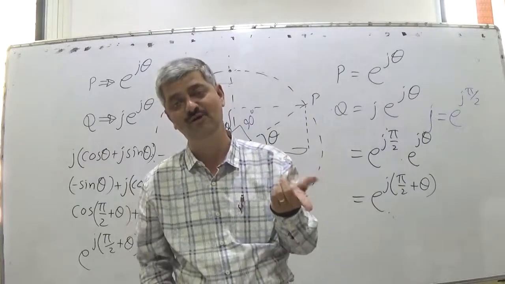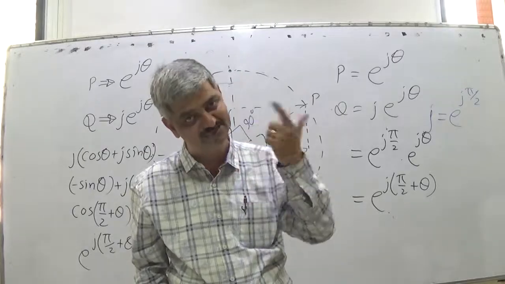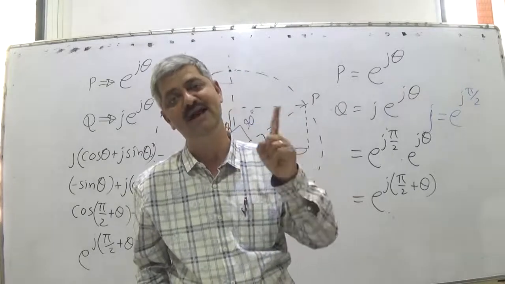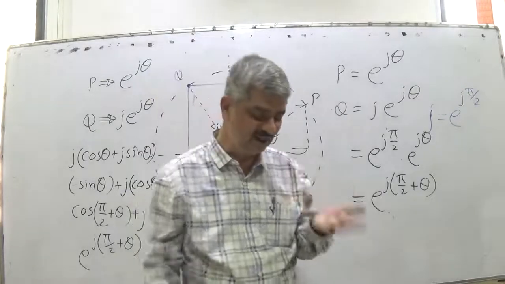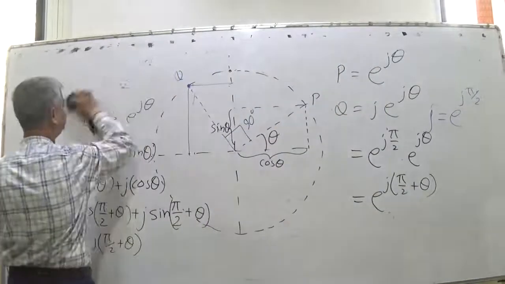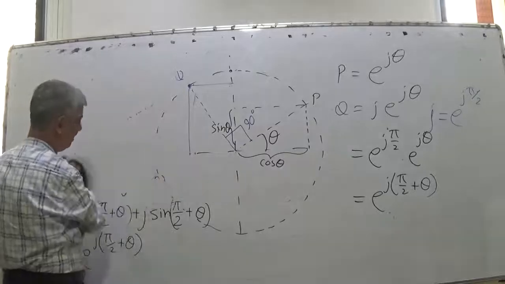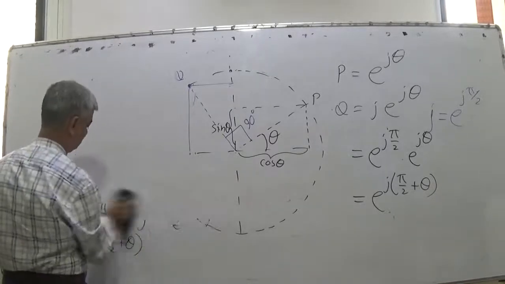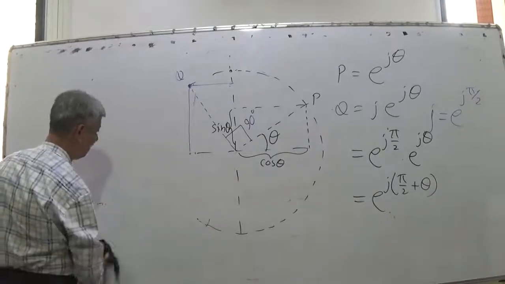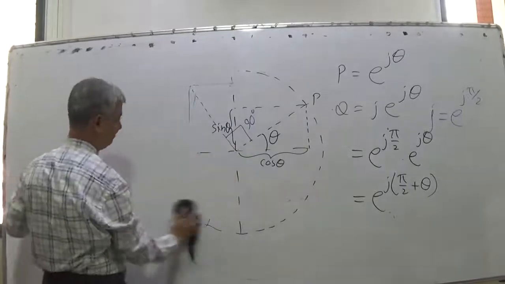If I multiply by the imaginary number j, then it remains on the same circle and rotates by angle pi by 2. Now what if I multiply by a complex number? e raised to j theta is a complex number.